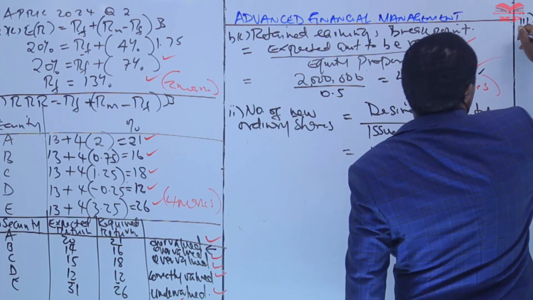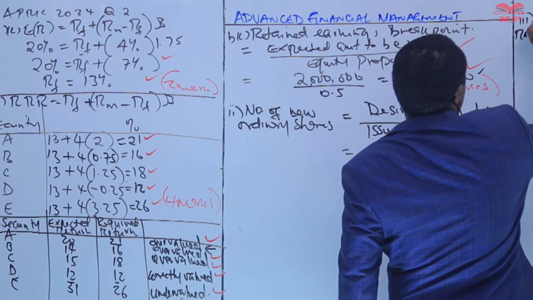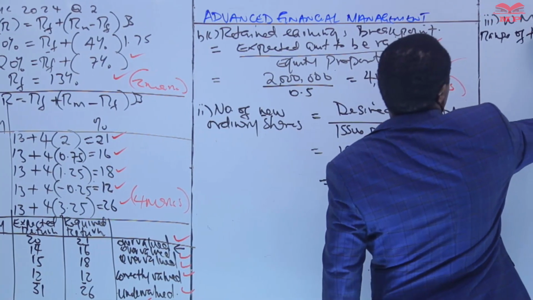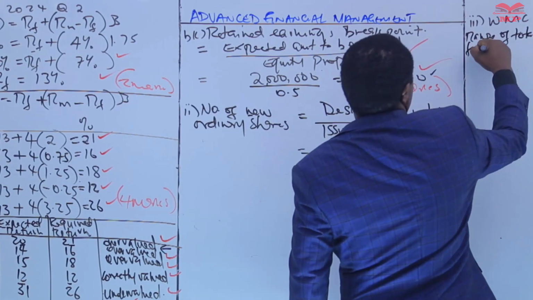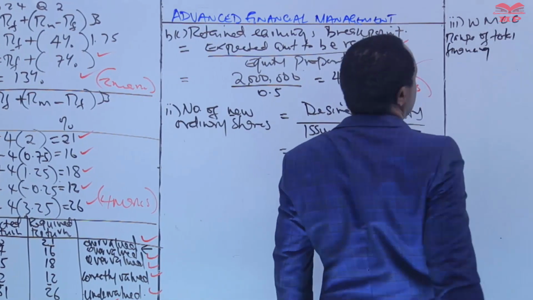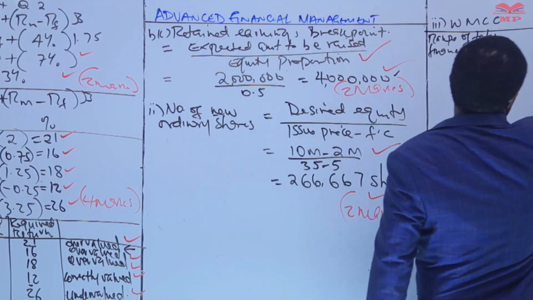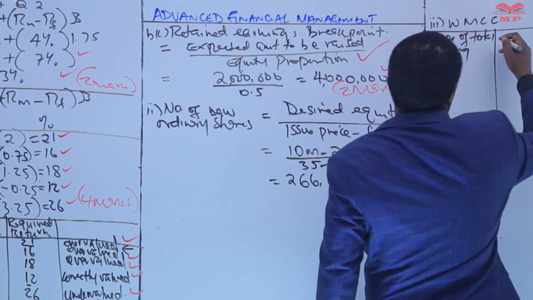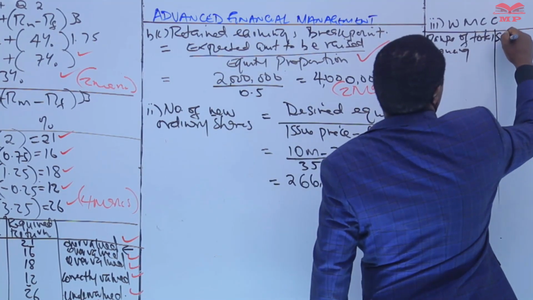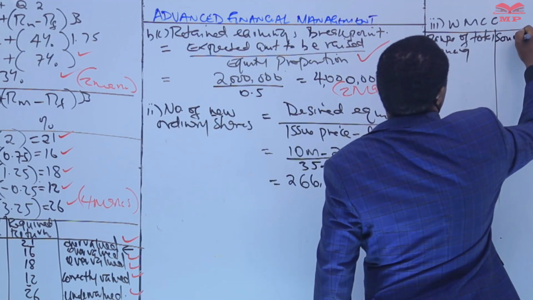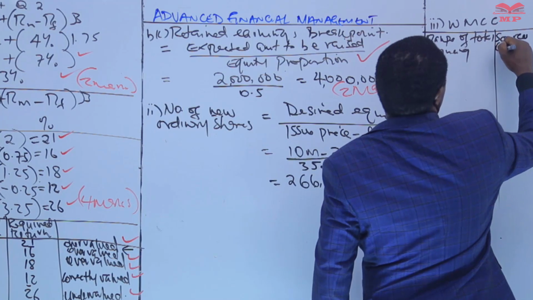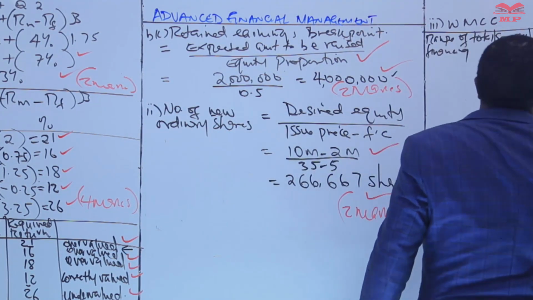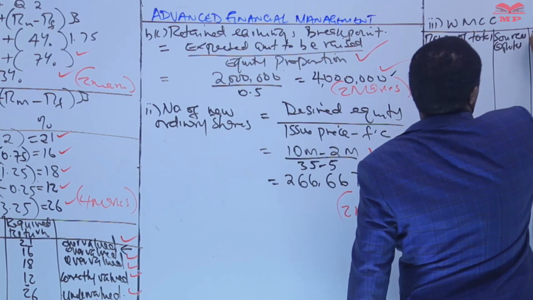First column will be the range of total financing. Then we'll have sources of capital. Another column is the proportion.